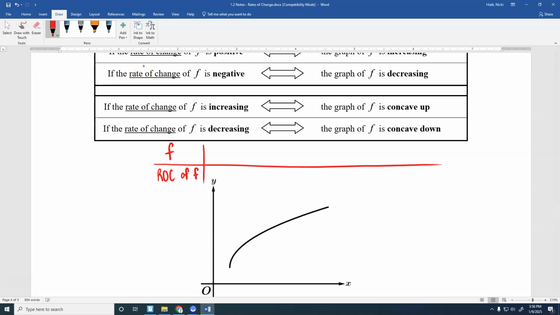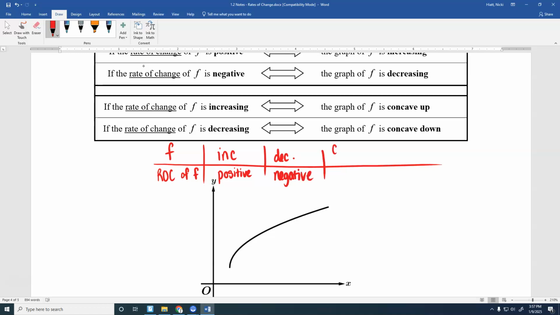And so if we think about what's happening here, if we have an increasing graph here, my rate of change is positive. If I have a decreasing graph here, my rate of change is negative.